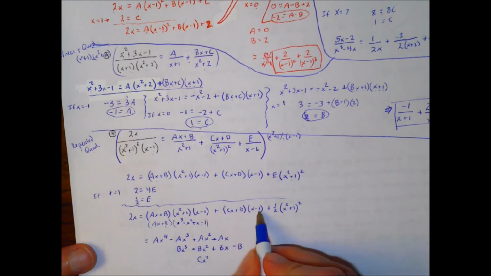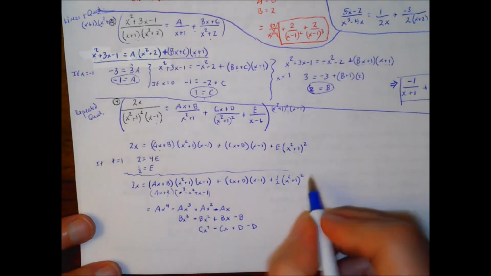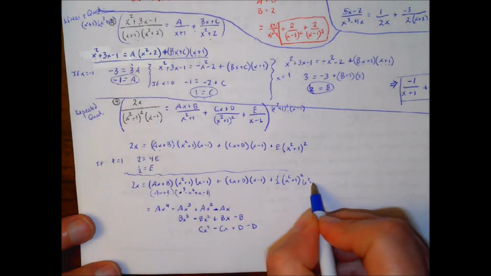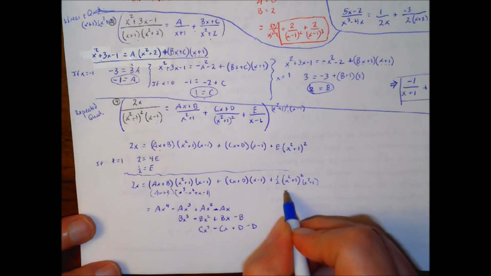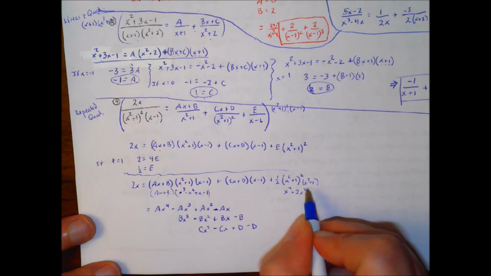And negative cx plus d, minus d. Then over here, if I square this, multiply it by itself, I get x to the fourth plus 2x squared and plus 1.